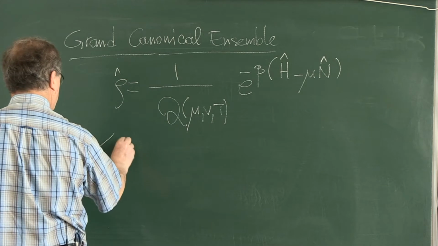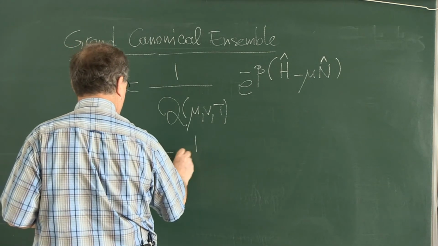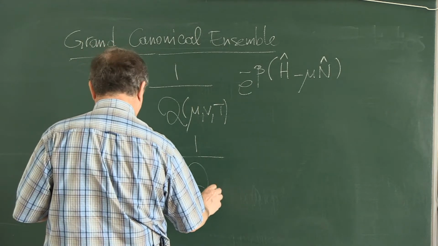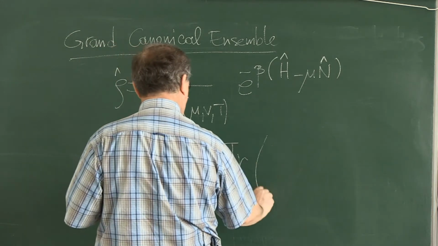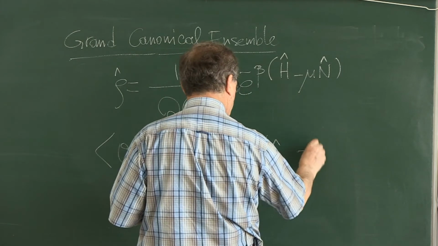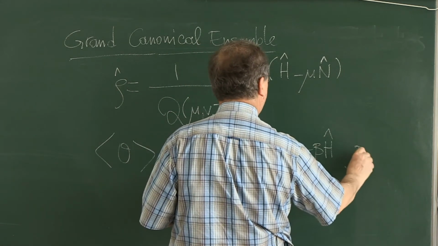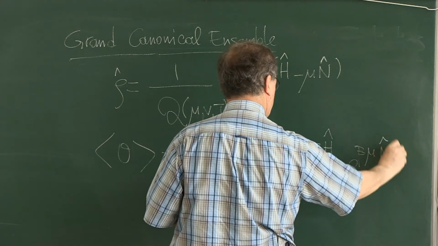The average value is 1 over the Q trace of the operator in question, e to the minus beta H, e to the beta mu N, number operator.